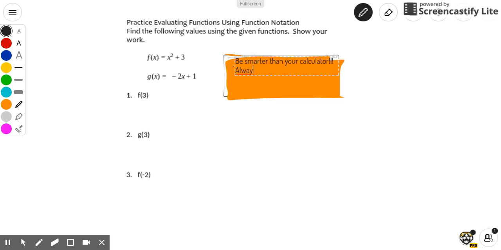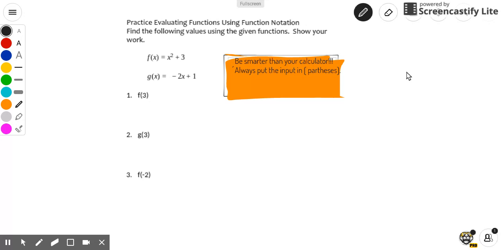Always put the input in parentheses. Your calculator will sometimes read your input not in parentheses, and it'll shoot out the wrong answer. So you always need to put the input in parentheses.